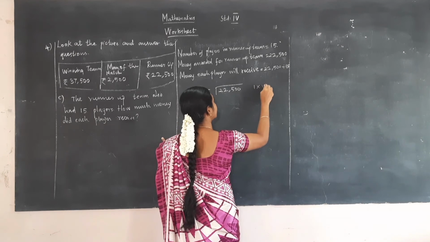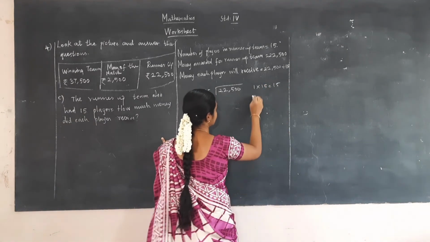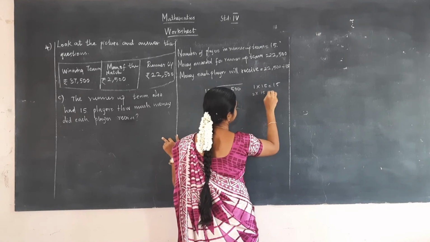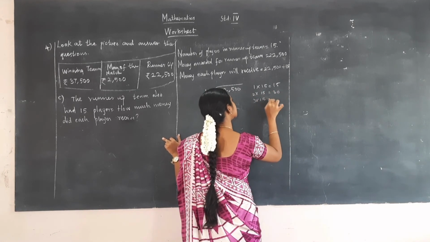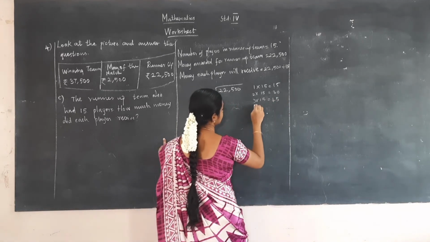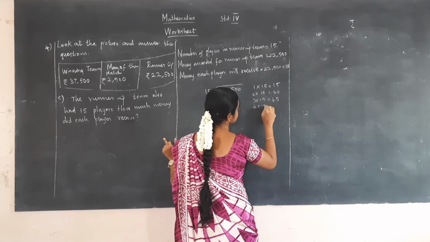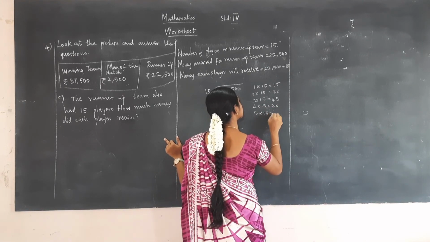For that we have to know the 15th table. 1 15 is 15, 2 15s are 30, 3 15s are 45, 4 15s are 60, 5 15s are 75.